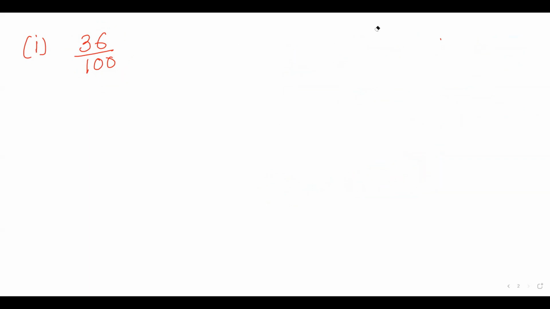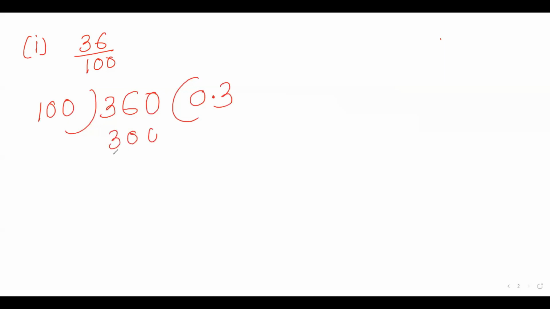So I am dividing 36 by 100. All of you listen carefully. 36 is a smaller number. I want a 0, so 0 point. Put a point, you will get 10. 100 threes are 300. Subtract.